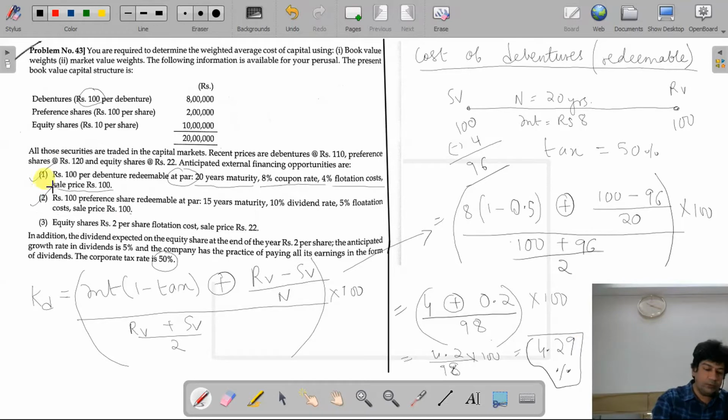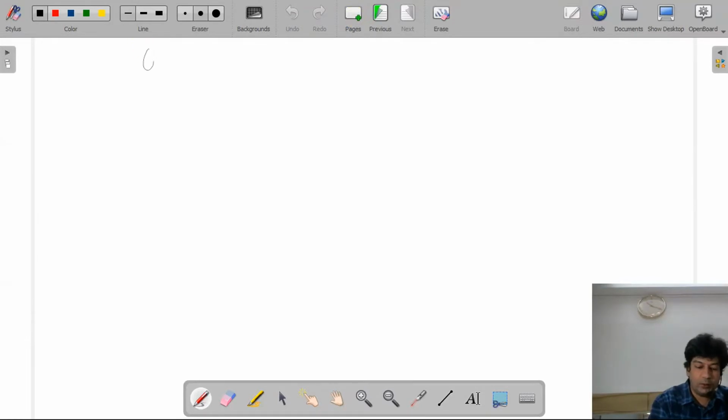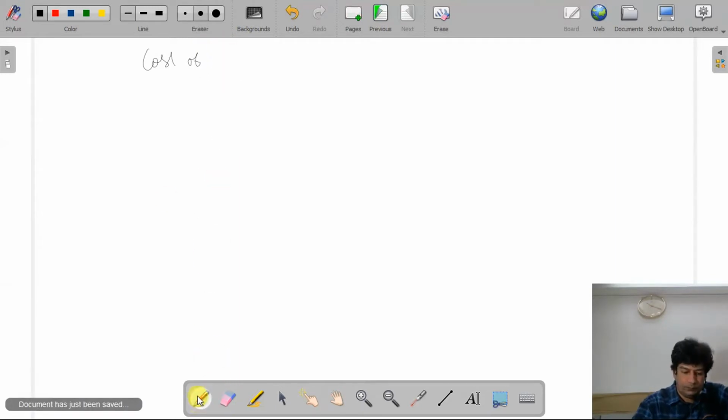Now we are moving further to find the cost of redeemable preference shares.